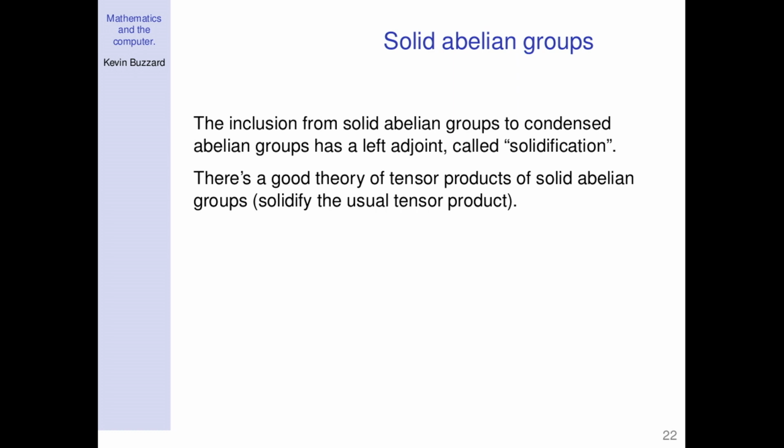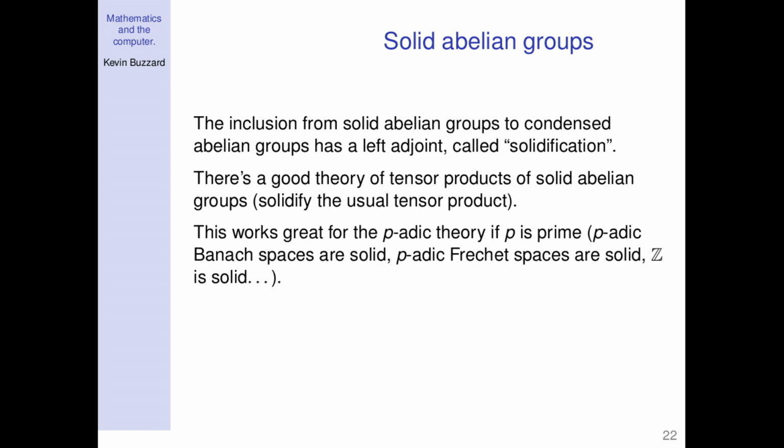You apply the adjoint of this inclusion, and that turns out to be a good theory of tensor products for solid abelian groups. So that's great. Now we've got all the things we need. We can start dreaming about six-functor formalisms, revolutionizing geometry and applying fancy algebraic techniques in more generality.